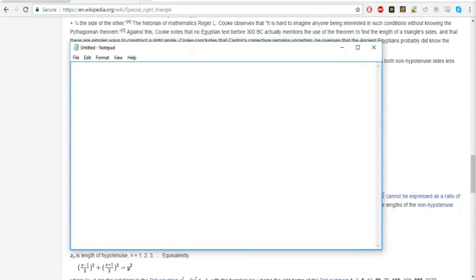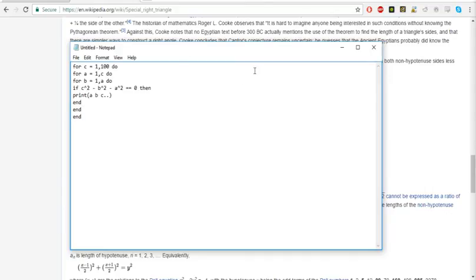Basically what it did is, for C equals 1 to 100, do, and then for A equals 1 to C, do, and then for B equals 1 to A, do, and then if C squared minus B squared minus A squared equals 0, then print A, B, C. I'm not going to do it formally, but yeah.